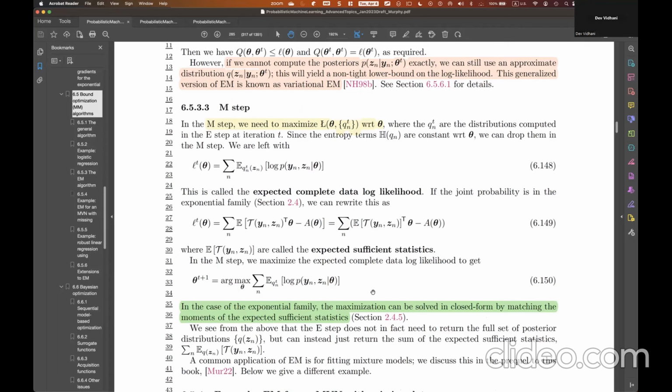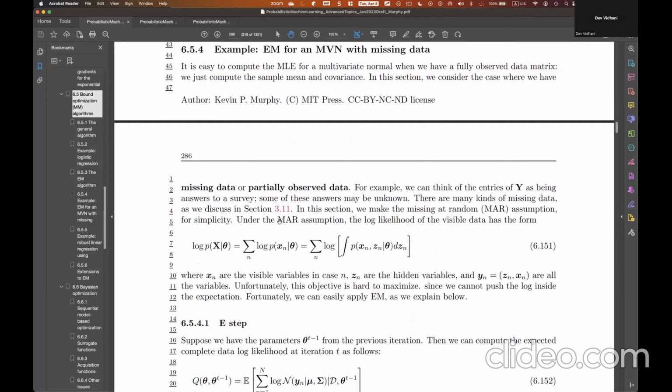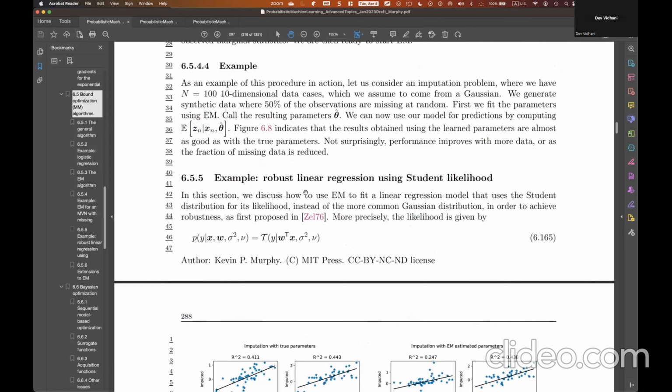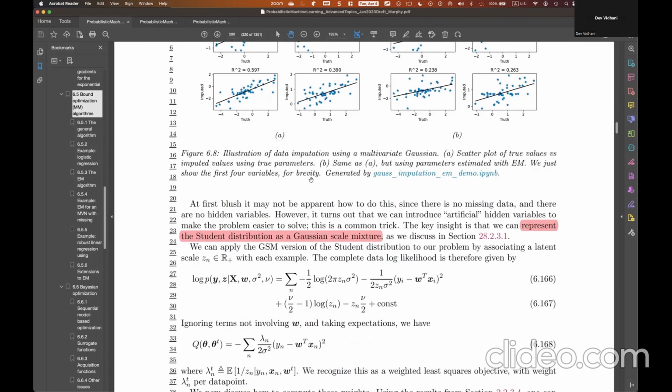As I said, in the E step, you find the Qs, which will lead you to find the Zs, and then in the M step, you find the parameters for your hidden variables. I'm not going to go through the example because my idea was to go through the Gaussian example, which I already did. And that's what it was in this section.